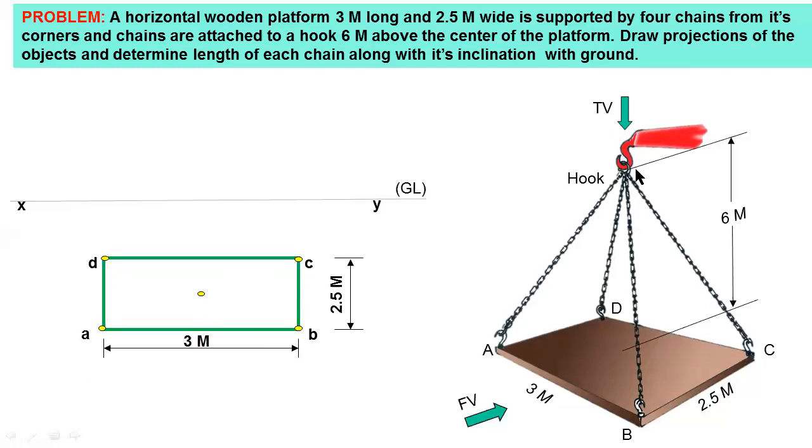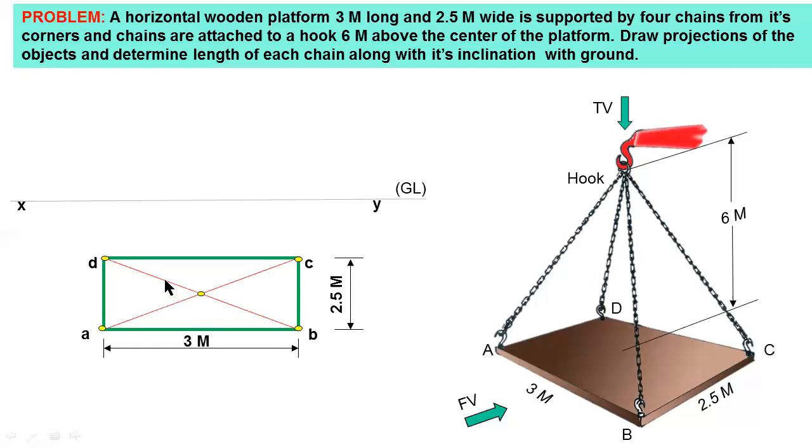This hook coincides with the center of this rectangular platform. So the center point of this rectangle coincides with the point of the hook. So you have to join the corners.